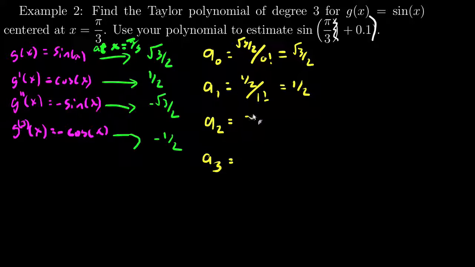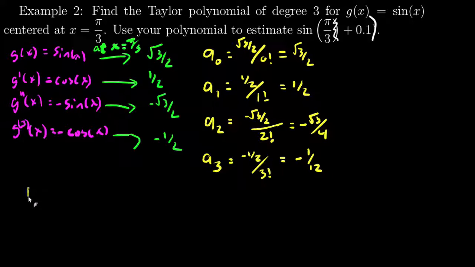I'll have negative root 3 over 2 over 2 factorial. 2 factorial is 2. Negative root 3 over 2 divided by 2 is negative root 3 over 4. And I'll have negative 1/2 divided by 3 factorial. 3 factorial is 6. Negative 1/2 divided by 6 is negative 1/12.